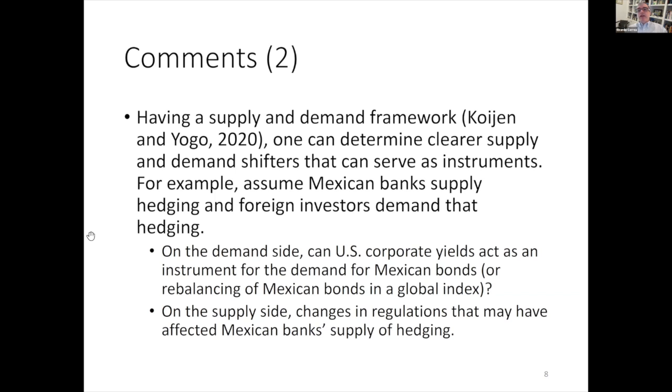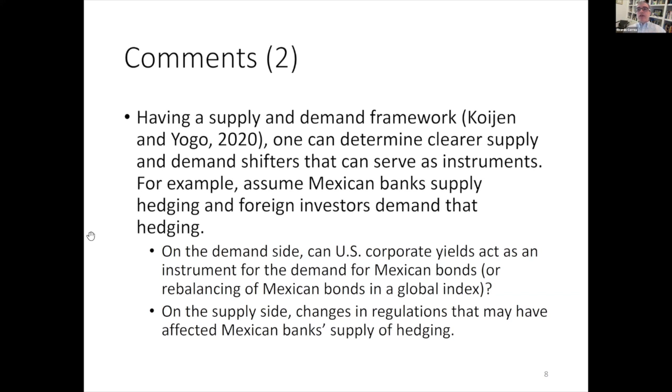So on the demand side, you can think about an instrument or a shifter that could be the U.S. corporate yields. If the U.S. corporate yields are a substitute for Mexican bonds, then if there's something in the U.S. that's changing, maybe that's going to drive that. Or you can think about the rebalancing of Mexican bonds in a global index. Sergio pioneered some of these strategies, and Thomas Williams has worked on this recently.